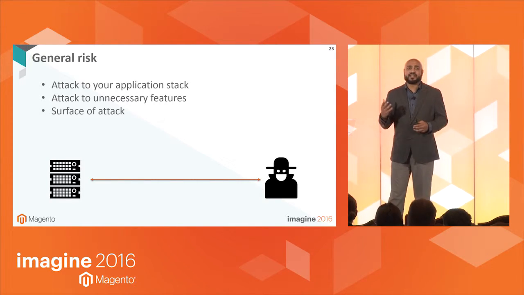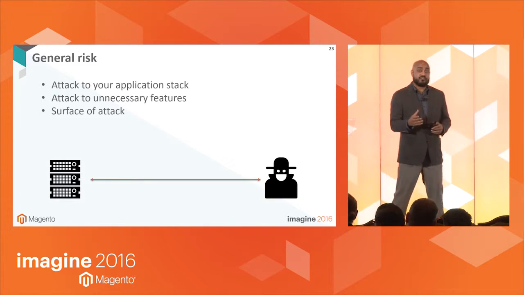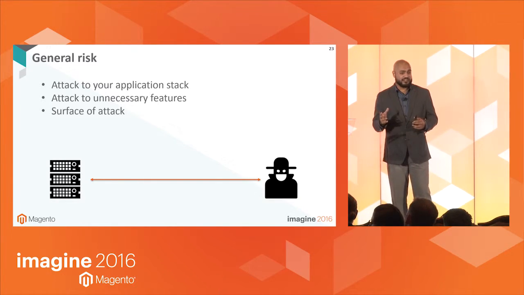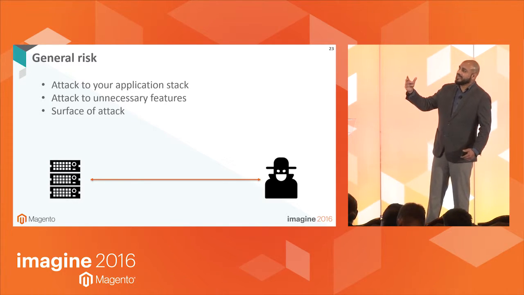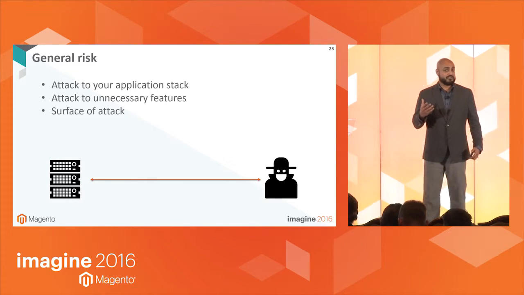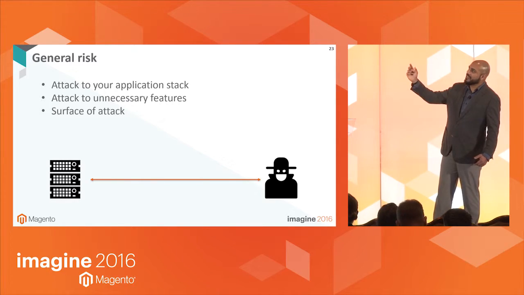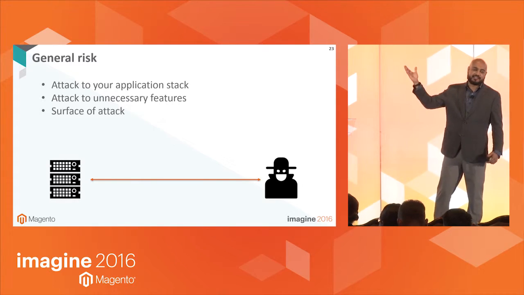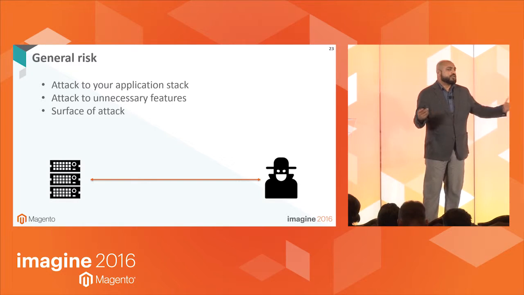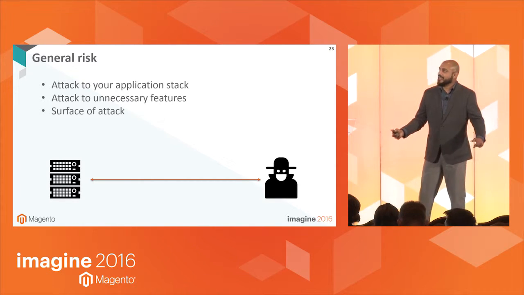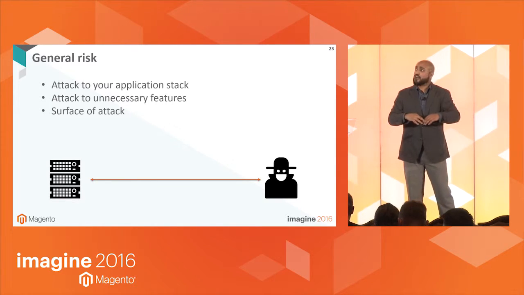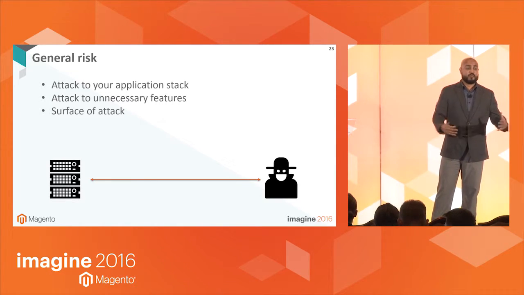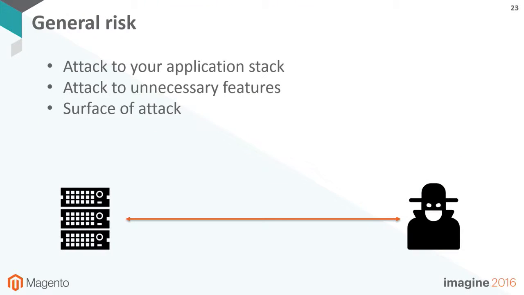Magmi is an unnecessary feature that a lot of stores ran on their production servers, and it just sat there, vulnerable. So the Magmi attack that we saw a couple of years ago was an attack on an unnecessary feature that shouldn't have been there. The more unnecessary features you have on your site, the greater the attack surface. There are more places for an attacker to break in.